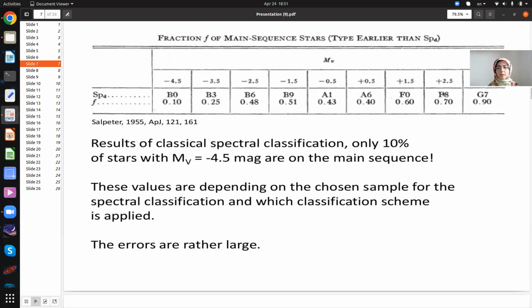Or for example, only 70% of stars with MV equal to 2.5 magnitude are on the main sequence for F8 type stars. These values depend on the chosen sample for the spectral classification and which classification scheme is applied. The errors are rather large.